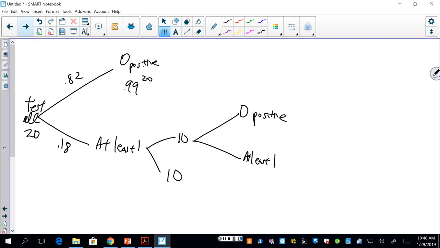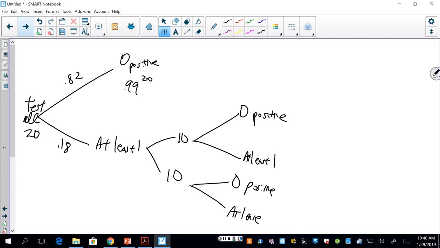And in these 10, you might get 0 positive, or at least 1. Now the probability you would get 0 on this half, now there's at least 1 in there, so maybe it's a little more complicated to calculate. You have to have at least 1 in at least one of these two places.